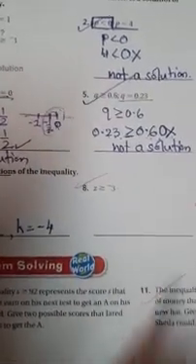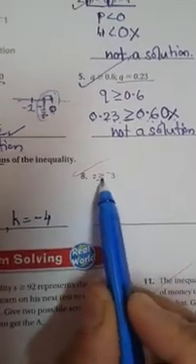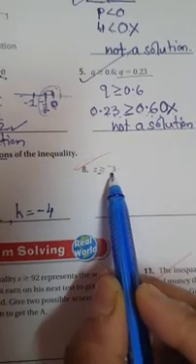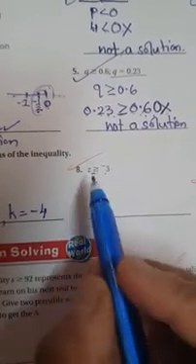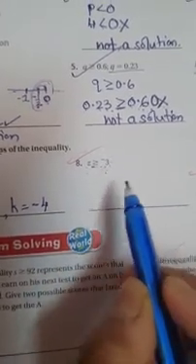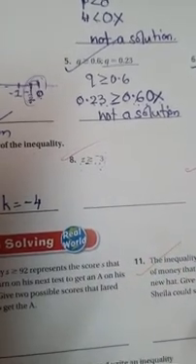Okay, now for the next part, question number 8, we have Z is greater than or equal to negative 3. So Z is greater than or equal to negative 3 means you have to choose a number which is greater than negative 3. So any number which is more than negative 3. What are the numbers more than negative 3?